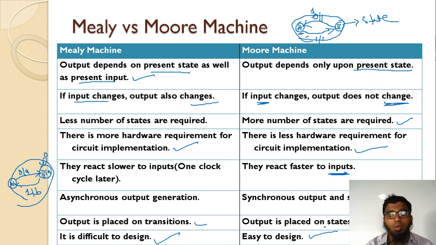In Moore, the output is placed on the state. State means capital B is associated with small b, which is the output, associated with the state. Mealy is difficult to design and Moore is easy to design. Okay. So this is about the Mealy machine and Moore machine.